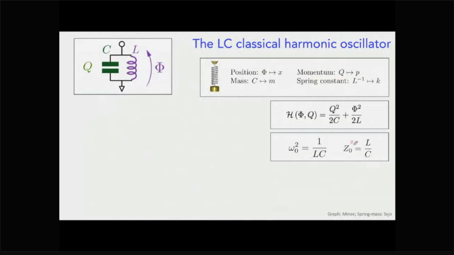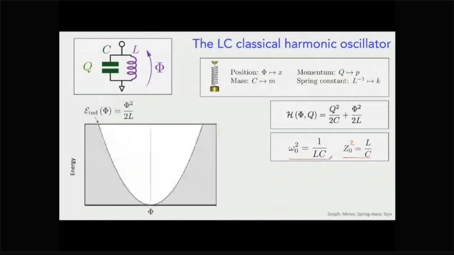You can also take the other product, which is the ratio of the inductance and capacitance, and I'll call that the impedance for reasons that will become apparent later. It's essentially a way to transform the variables mathematically, but physically their product or inverse gives you the resonance frequency, and then the impedance will have to do with the susceptibility, or how easy it is maybe to couple to this element.